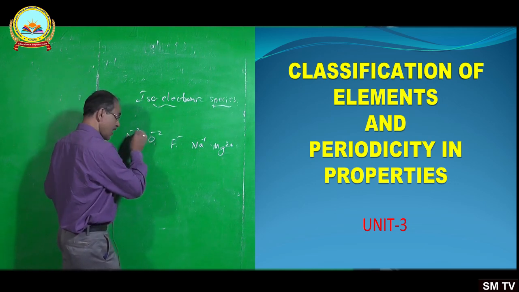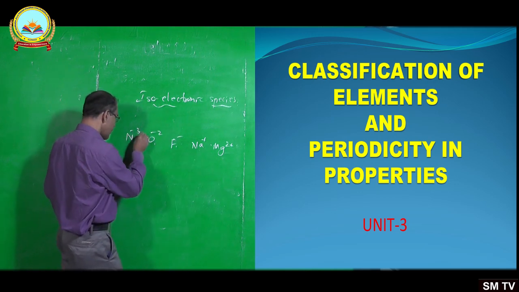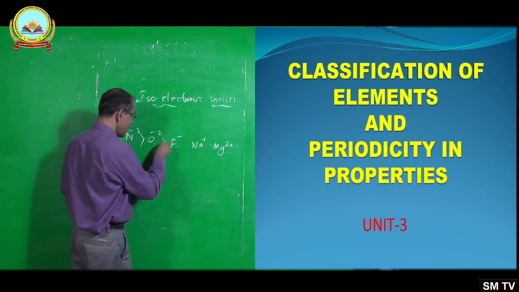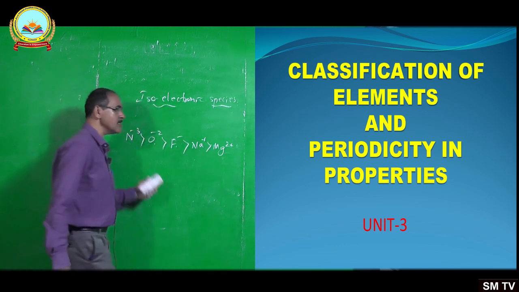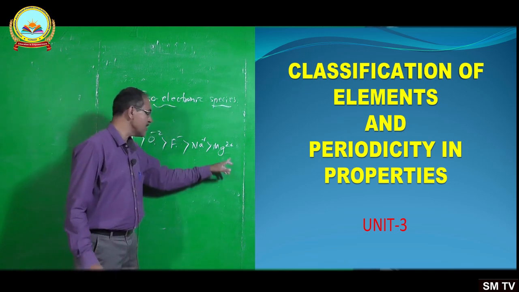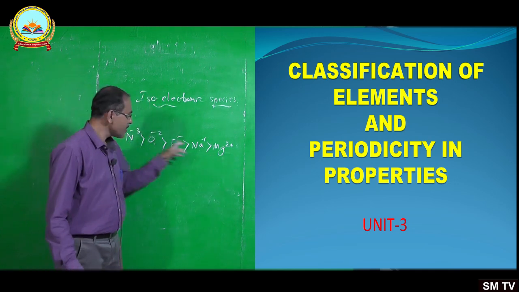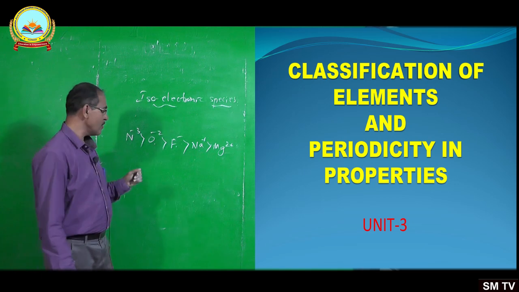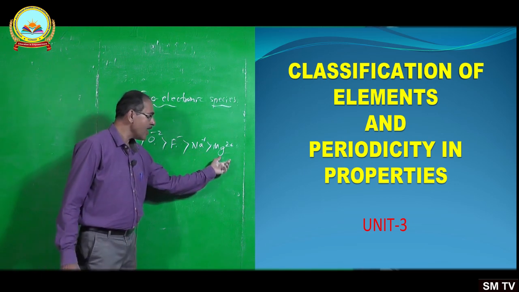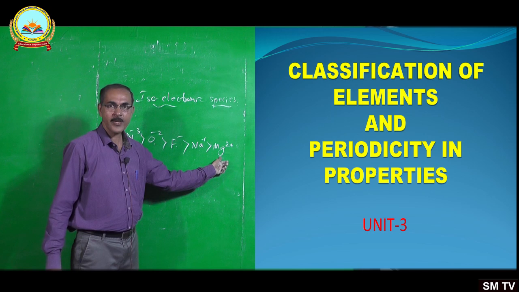The radius is in this order: N3- has the highest radius and Al3+ has the smallest radius, decreasing in this order, because of higher effective nuclear charge.